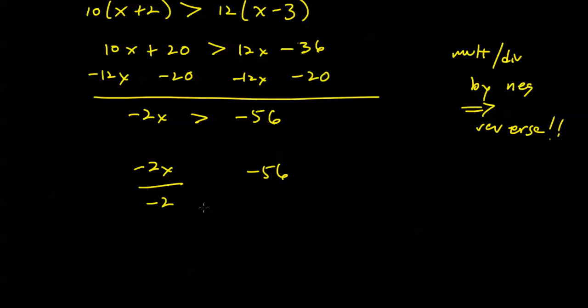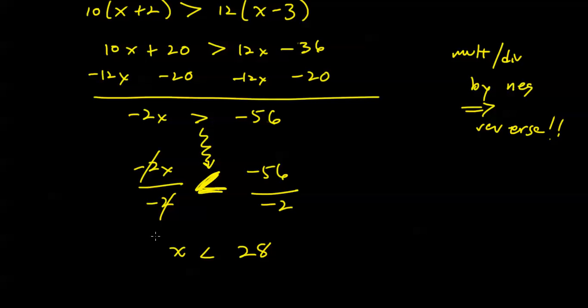I'm going to divide both sides by negative 2 and reverse the arrow direction. I'm going to kind of exaggerate that there. Well, minus 2x over minus 2 is just x. I get x is less than minus 56 over minus 2 is a 28, positive 28.